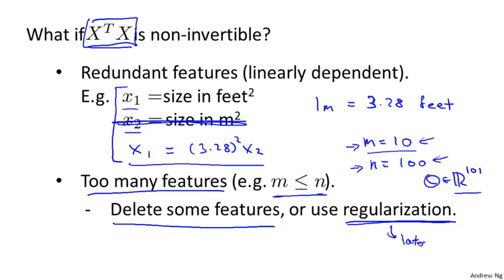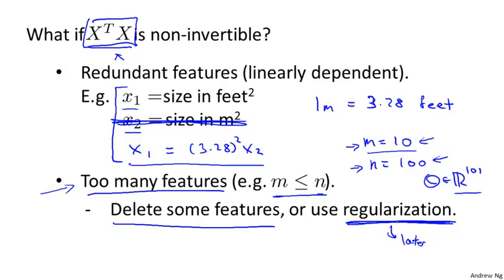If you just delete one of these features, that would solve your non-invertibility problem. So I would first check if any features are redundant, and keep deleting redundant features until they're no longer redundant. And if your features are not redundant, I would check if I might have too many features, and if so, I would either delete some features if I can bear to use fewer features, or else consider using regularization, which we'll talk about later.